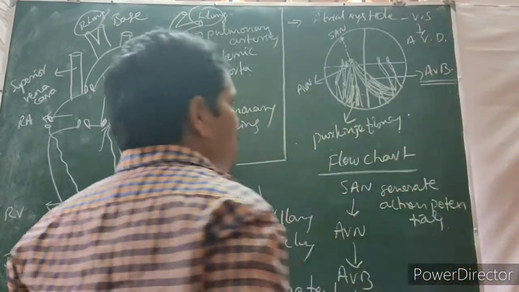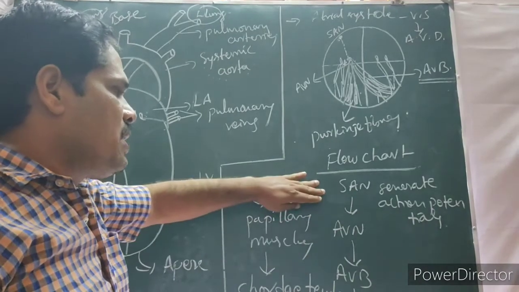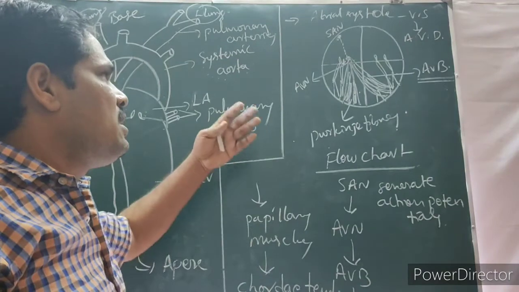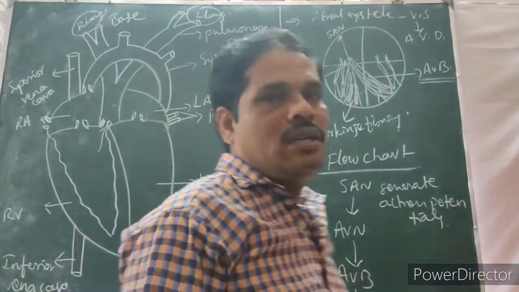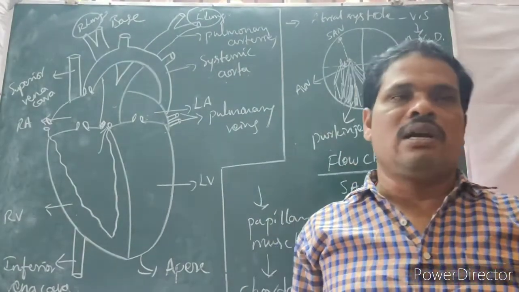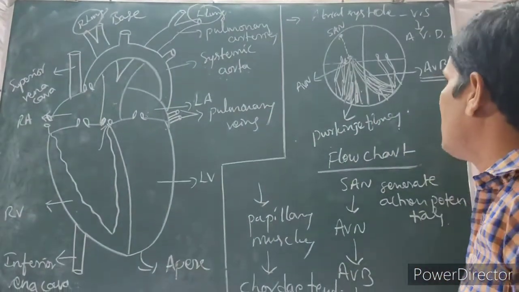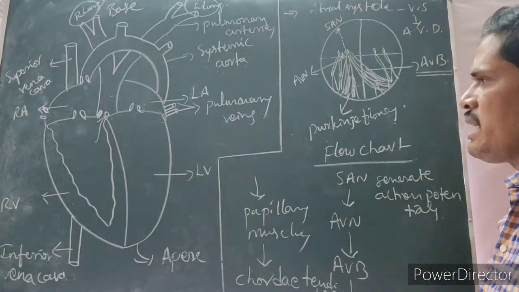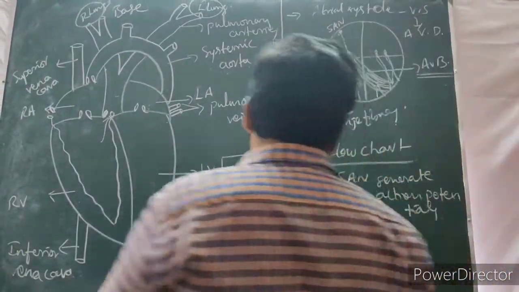So the cardiac cycle is done because the SAN creates the action potentials, which helps start the heart's contraction and relaxation. That is called the cardiac cycle. The total cardiac cycle requires 0.8 seconds.